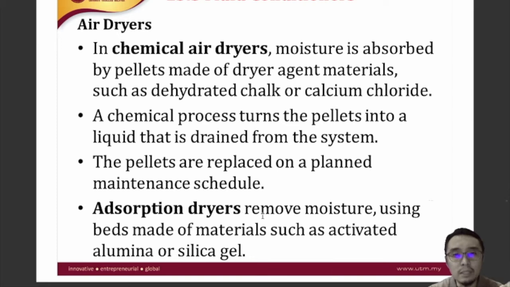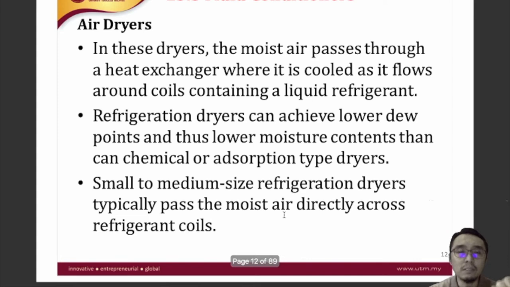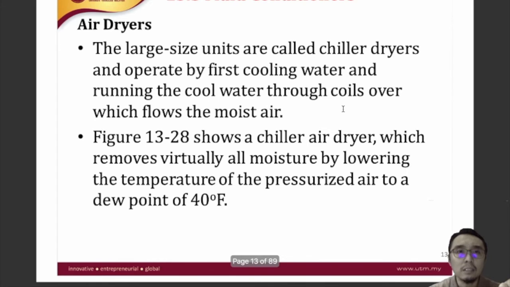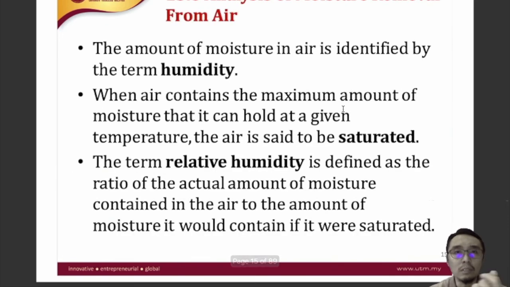In absorption dryers, you remove moisture using beds made of materials such as alumina or silica gel, whereas the third one is the refrigeration dryer where you use commercial refrigerants, where the moist air passes through a heat exchanger and then it is cooled as it flows around coils containing a liquid refrigerant. So this is an example of how it looks like in the real world.